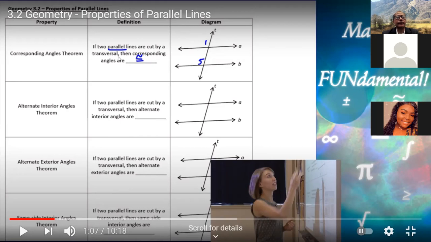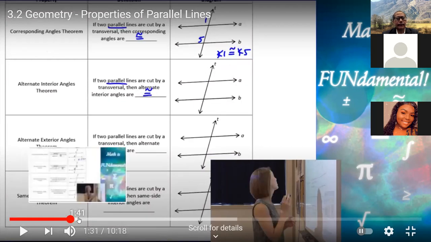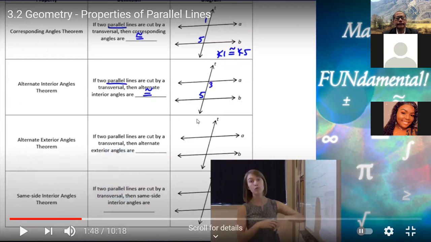And they are congruent, so remember this. The next one we call the alternate interior angle theorem. It is this one, and also this one and this one.